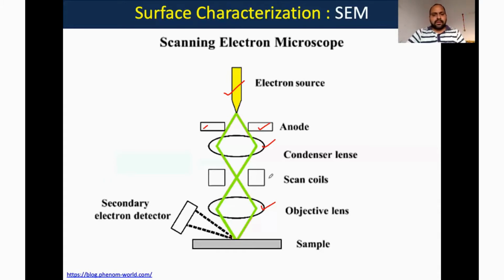So it will interact with our sample after the objective lens and then generate some kind of secondary information or secondary data, and this entire system is enclosed in a vacuum.